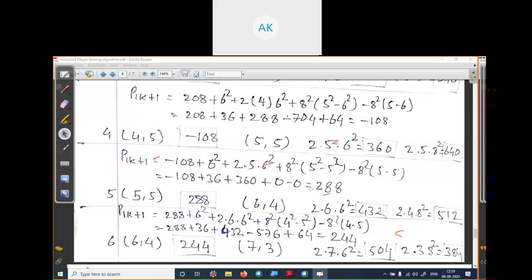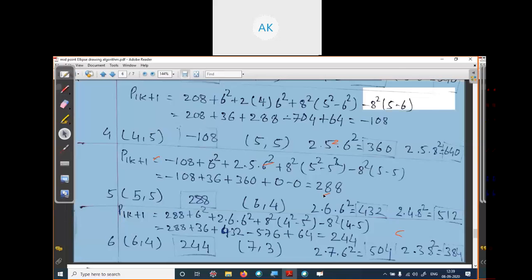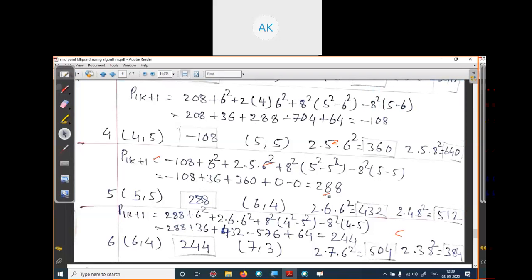Then if you again calculate, you will get 288, which is a positive number, means x will change with unit interval, and yk plus 1 will be yk minus 1. This is 4, means 5 minus 1 equals 4.